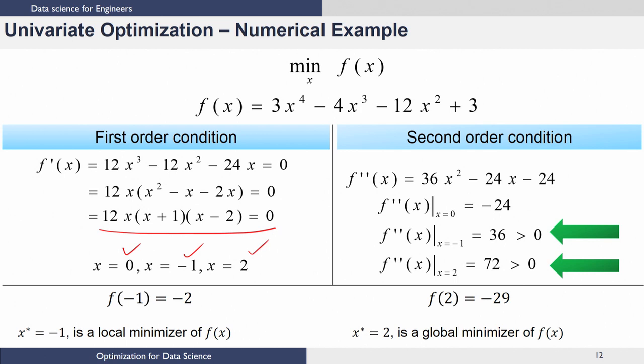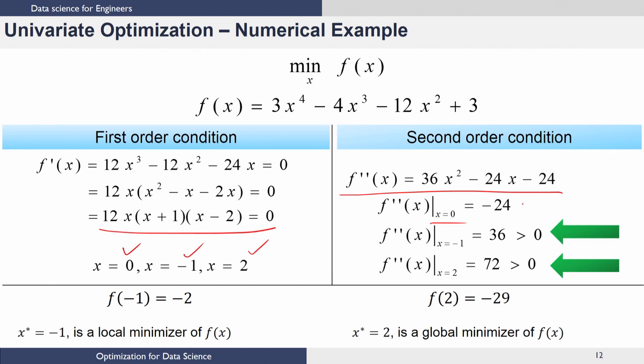Now, we want to know which one of these is a minimizer and which one is a local minimizer, global minimizer, and so on. To do that, we look at the second order conditions and then we get f double prime x, the second derivative, and we first evaluate it at x equal to 0.